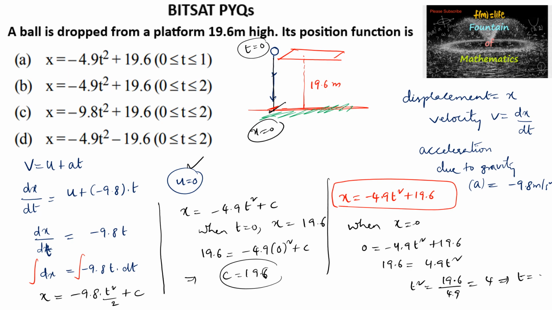So we can say from here t is equal to 2. So for 2 seconds the displacement is 0. So we can take the range of time as 0 to 2. So we can go with the option 0 to 2 and minus 4.9 t square plus 19.6, which is our option B.